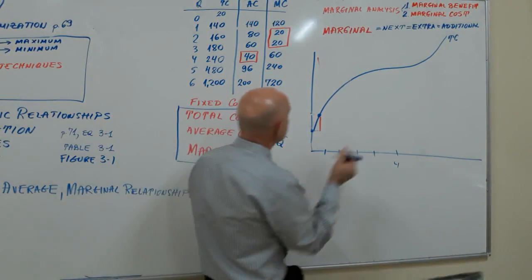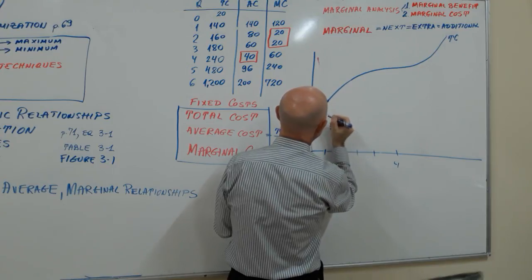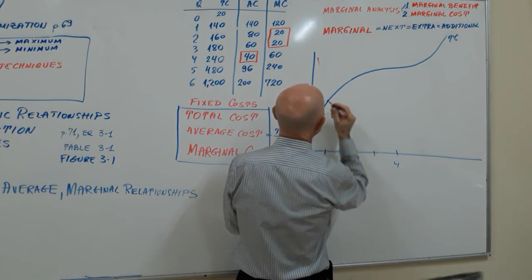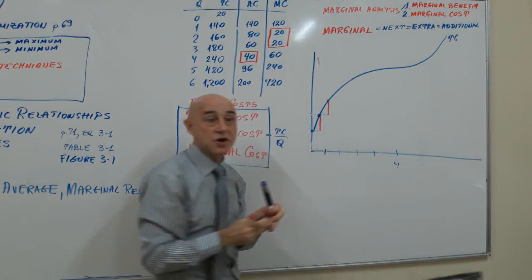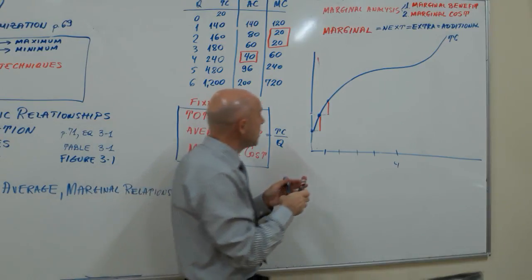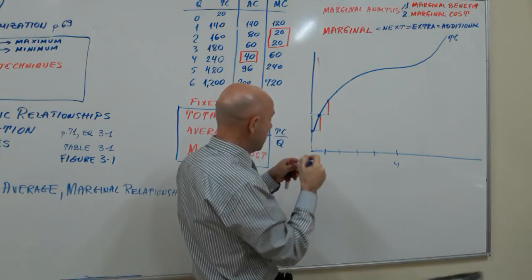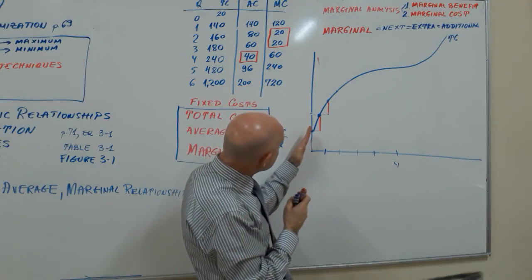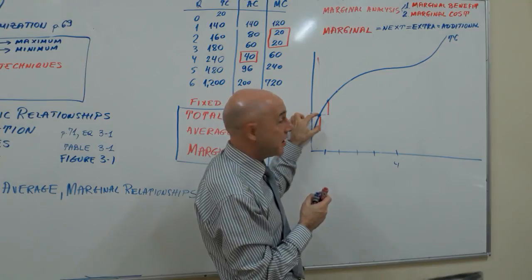Now, next is 2. Again, drop a dot here. This is the marginal cost of the second unit. Next goes again the same story, but now see what happens. When the slope is steep, the marginal cost is high.